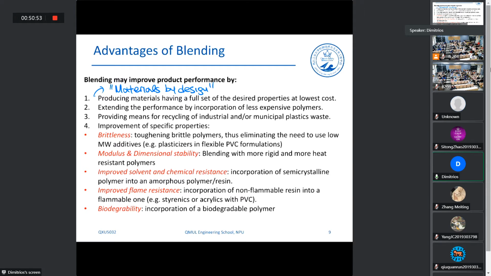Of course, these are expensive, but usually if we are able to design our materials and our fabrication processes very well, we can produce electrically conductive materials by combining, let's say, carbon nanotubes with a certain very cheap polymer at a low amount of carbon nanotubes. Then we fabricate a generally low cost, high performing material. Blending also can improve product performance by extending performance, through incorporation of less expensive polymers.